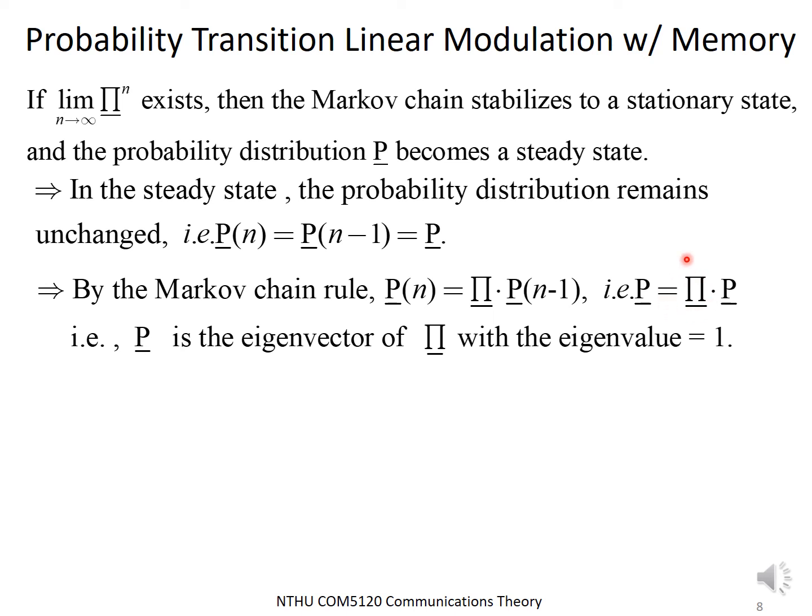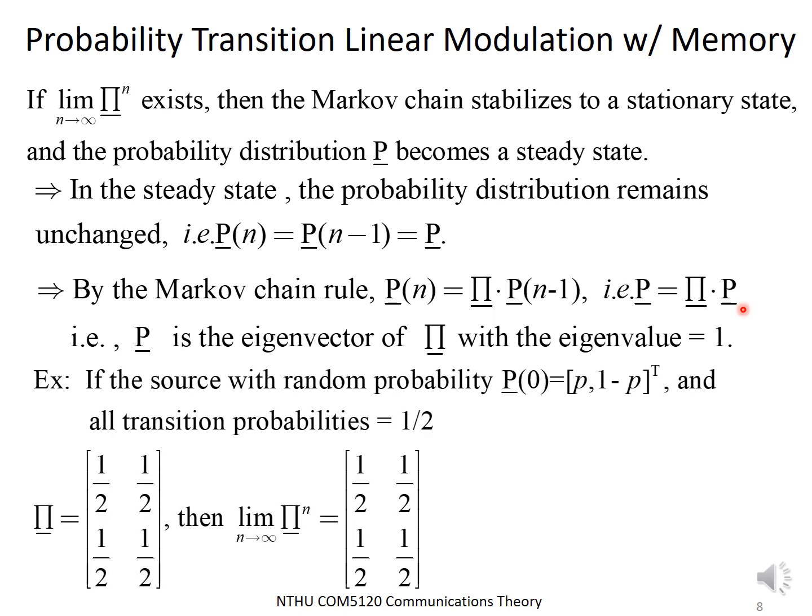The eigenvector represents the steady state. Let's try to give an example to explain this Markov stabilization and stationary state.